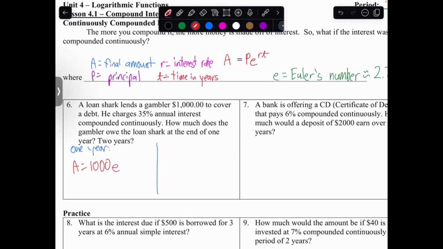You don't replace e with a number, e is already a number. And in the exponent, we have r times t. So the interest rate, 35%. Here you don't need to add a zero because there are two digits already. So 0.35, and then times, for this problem, we're first doing t as 1.